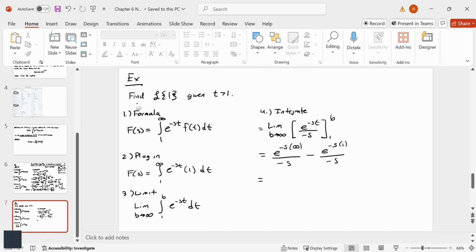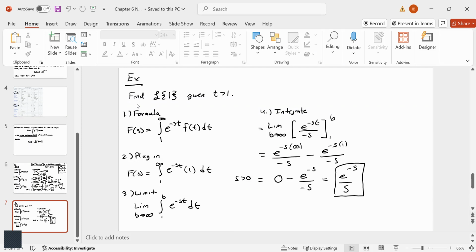And then assuming that s is greater than 0, because otherwise we would get a divergent solution, we get 0 minus e to the negative s over negative s, which is equal to e to the negative s over s. And that's our answer. So that's all that happens is we just get a slightly different answer, but it's no different. It's just a different integral boundary.